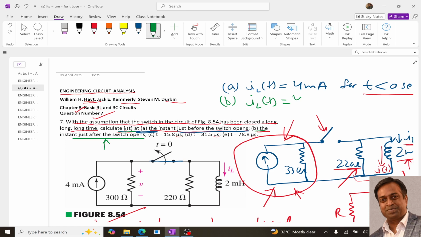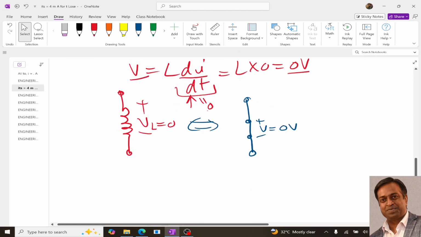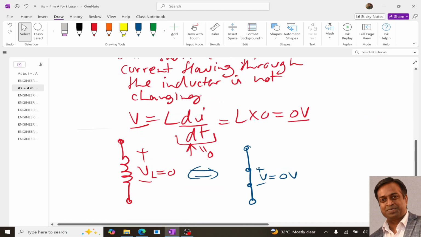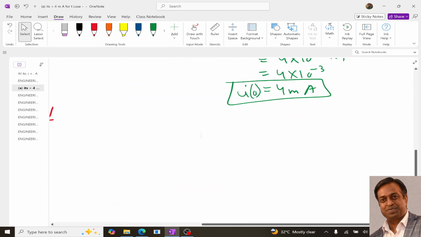Now the third part asks us to determine IL(t), meaning the current through the inductor, at 15.8, 31.5 and 78.8 microseconds. So for the C part, 15.8 microseconds, simply we need to substitute the value.